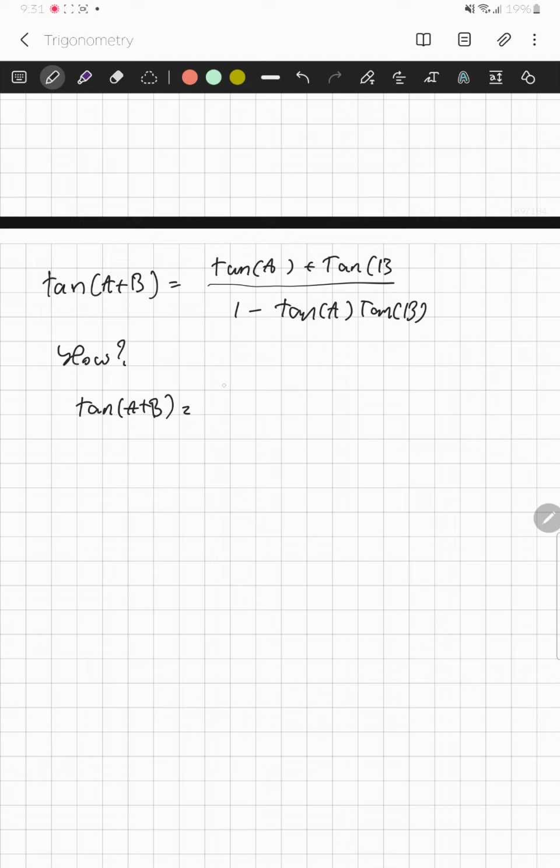We know that tan of a plus b equals sine of a plus b over cosine of a plus b.